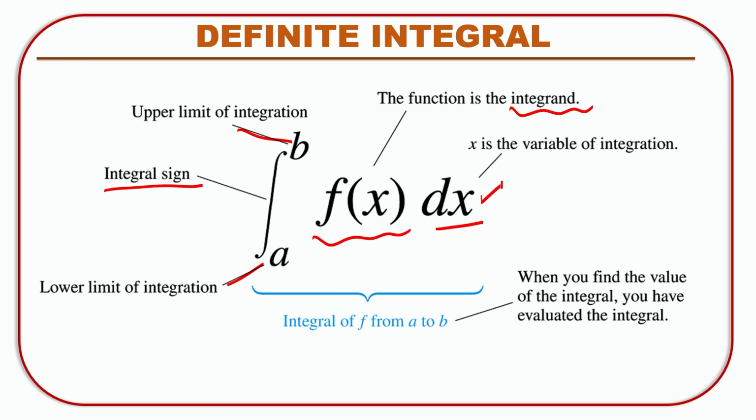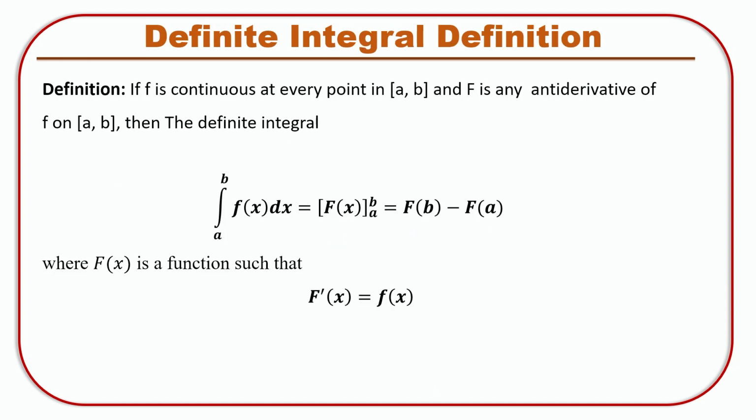So, x is the variable of integration, and the whole expression is called the integration from a to b. So a definite integral looks the same way as shown on the slides. Now, how do we define definite integrals in a mathematical way?